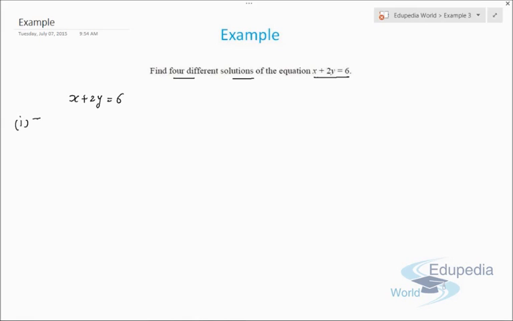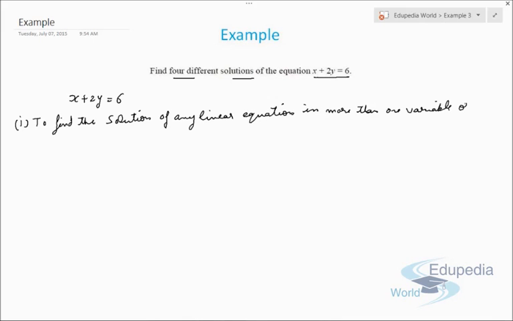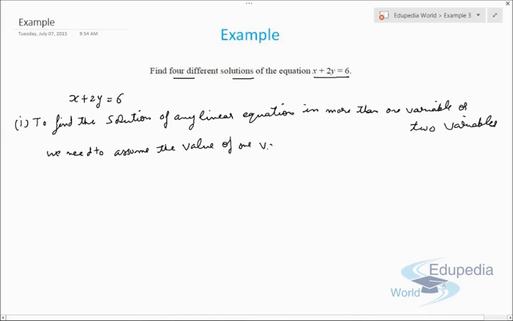To find the solution of any linear equation in more than one variable, or two variables, we need to assume the value of one variable.